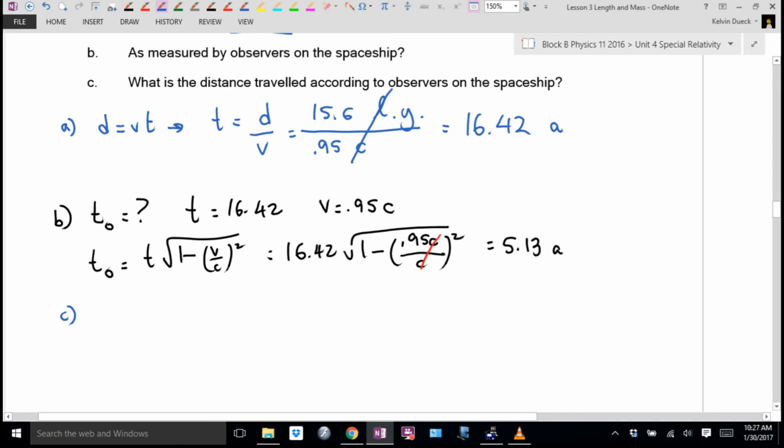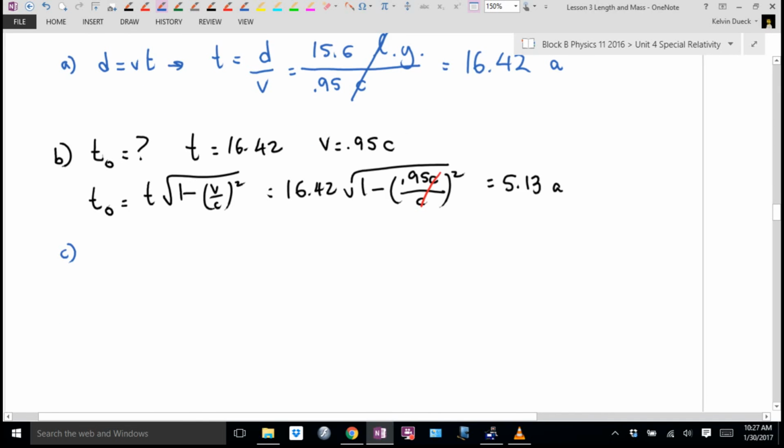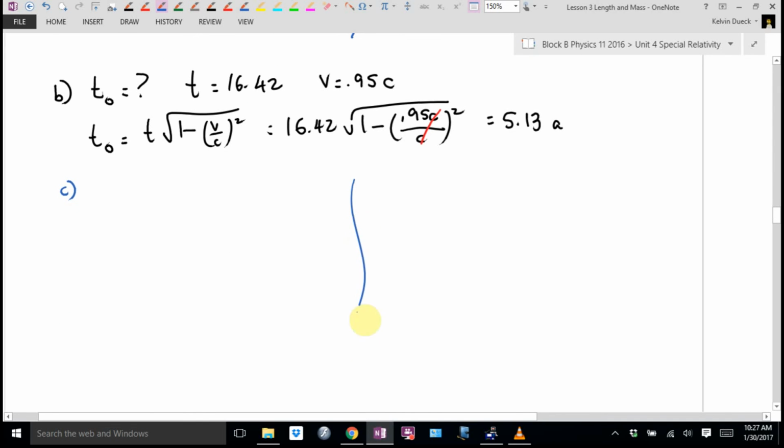Part C asks, what's the distance traveled according to the observers on the spaceship? I want you to draw a little line down the middle of your page right there. One way to find the distance would be to go like this. Distance equals v times t0, the time that the spaceship experiences. So we could go, what's v? 0.95 c.